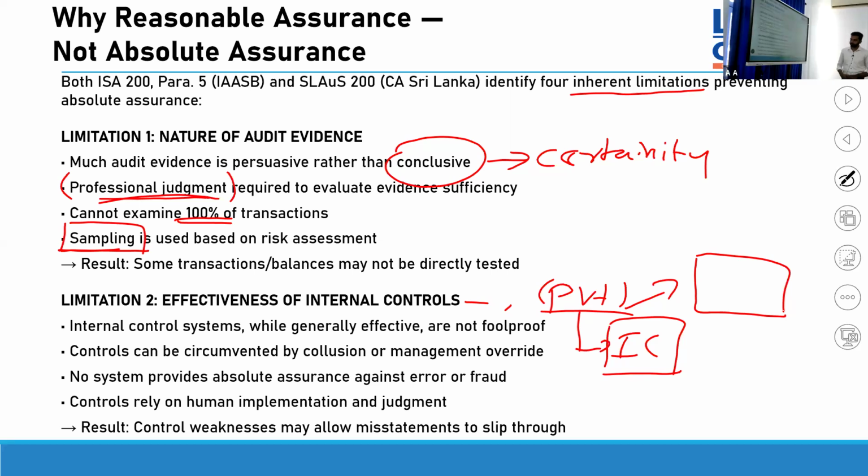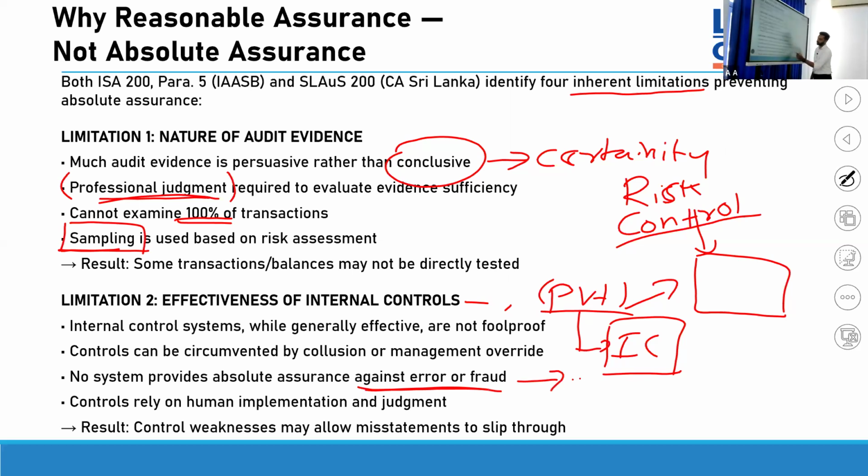Then what will happen? There will be a risk called control risk. Because of these control weaknesses, it will lead the companies or the employees to commit fraud easily, because there is an opportunity to commit fraud.